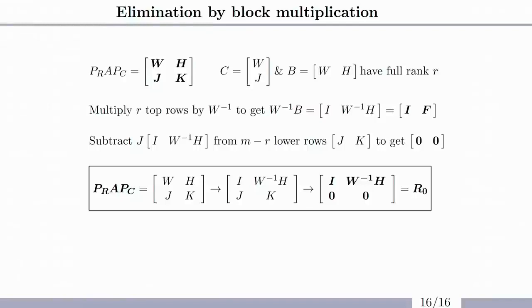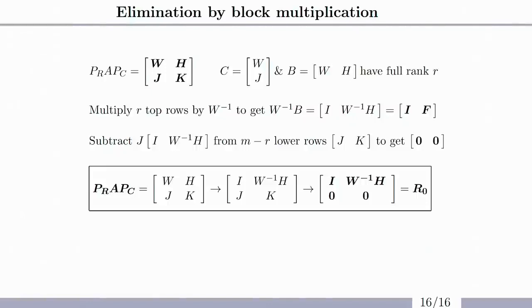So if you look at the last line, that W in the corner ended up as the identity. The second block row, the JK, ended up as zeros. And the one remaining guy tells us the combinations that we are looking for is this W inverse H, because if so let me look at that equation in the box.